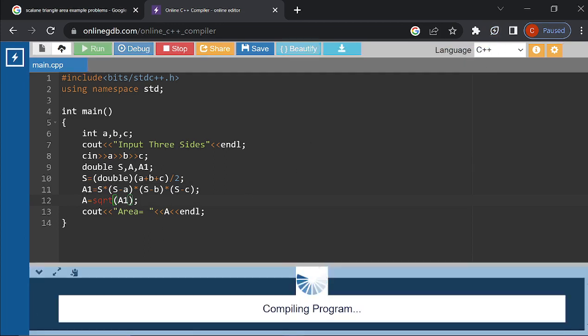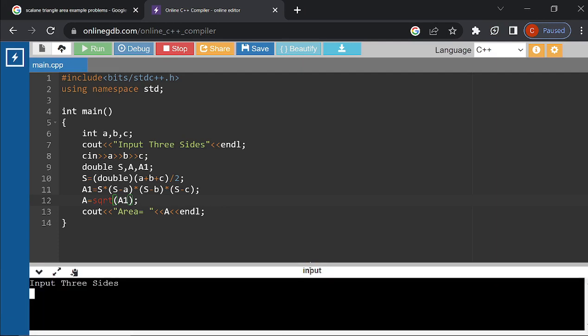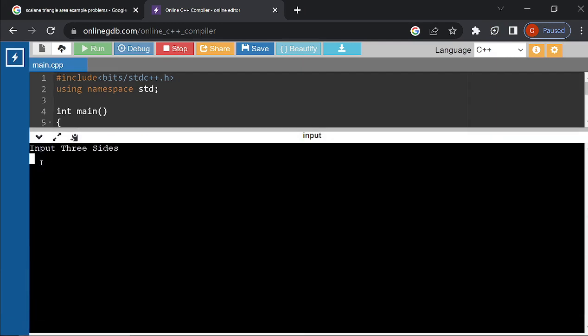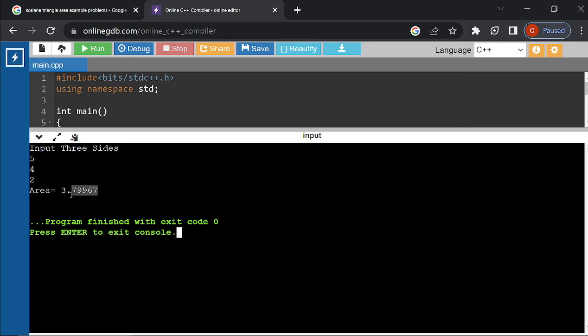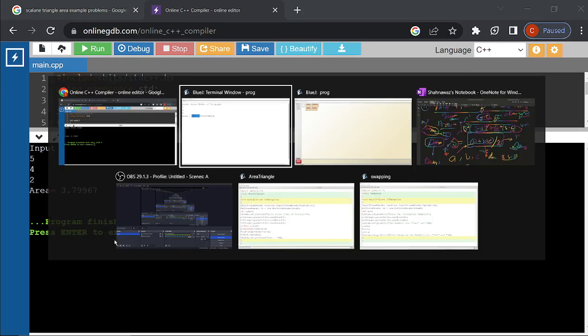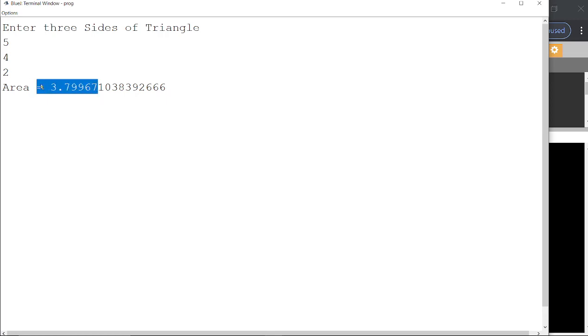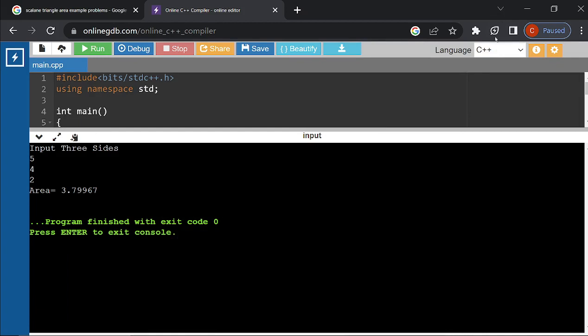Now if I just run this and give the values 5, 4, and 2, see, the area I am getting is similar to this area. The compiler uses only 5 digits after the decimal to represent the number, and we are getting the same area as in the Java one.